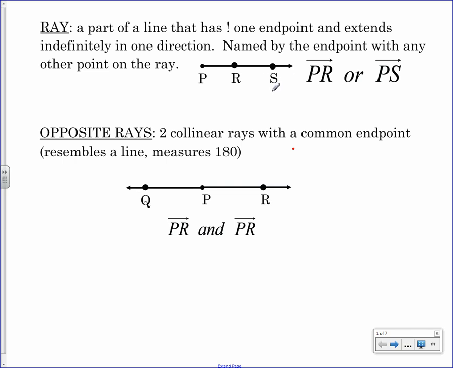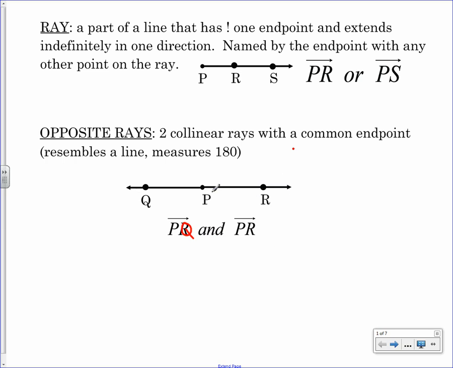Is that okay? Okay. Opposite rays, obviously rays that go in opposite directions, right? So two collinear rays with a common endpoint. It looks like a line, which how many degrees are in a line? 180, right? So I have ray PR and ray PQ. Yours is right, mine is not.